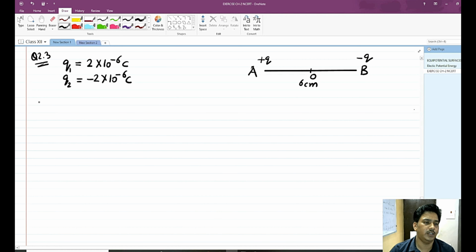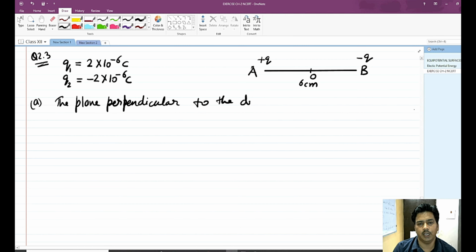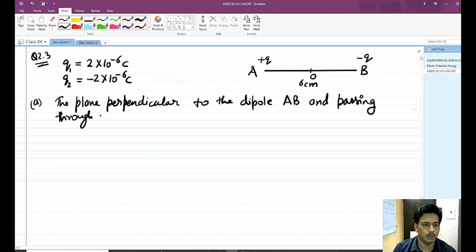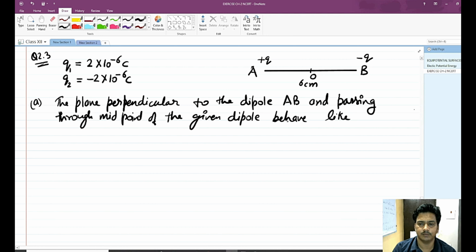So the answer is the plane perpendicular to the dipole AB and passing through the midpoint of the given dipole behaves like an equipotential surface.